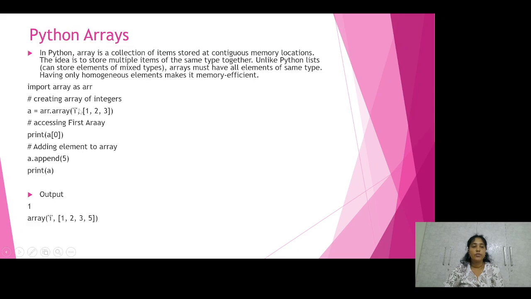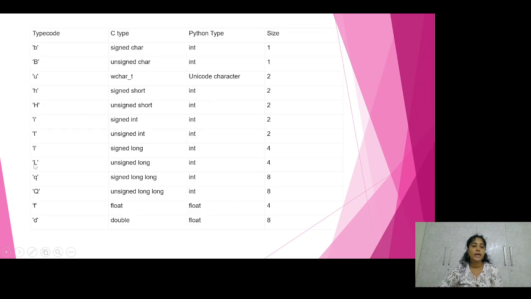Whenever you want to create an integer array, you have to give the type code and a list of elements. The type code you have specified, I, means you are creating an array of signed integers. Okay, integers.